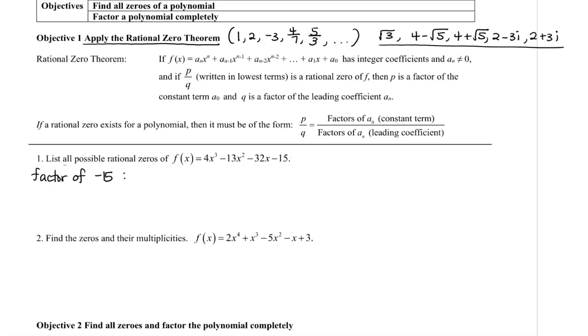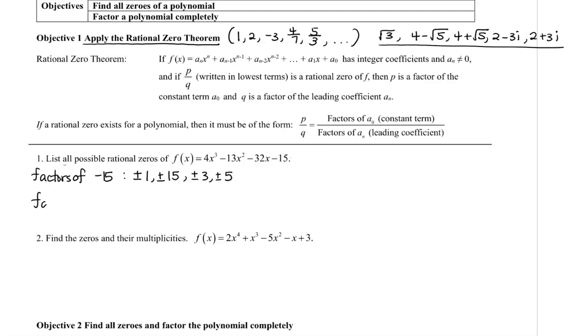Numbers that multiply to give us 15, factors of 15, are 1 and 15. So I'll put plus or minus 1 and plus or minus 15, because if 1 and 15 work, then -1 and -15 also work. Moving on to the next pair, 3 and 5 are also numbers that multiply together to give me 15. And there are no more numbers. So those are all of the 8 different factors of 15.